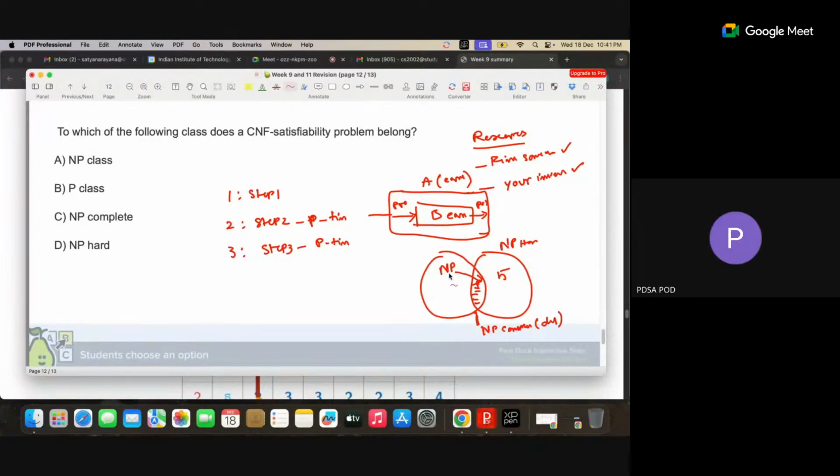There is a chance that an already identified NP problem might enter into NP hard also. Is it clear? So those types of problems will come into NP complete. Yes, NP complete is a dynamic one. Either of these. Clear? There are a lot of references saying that you are correct.